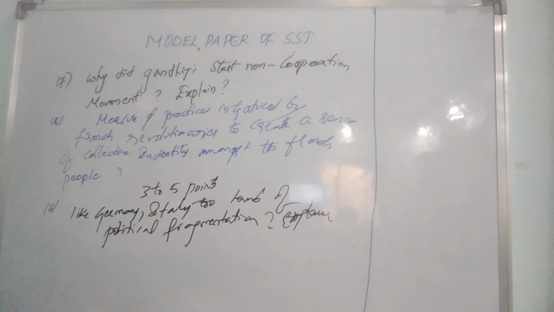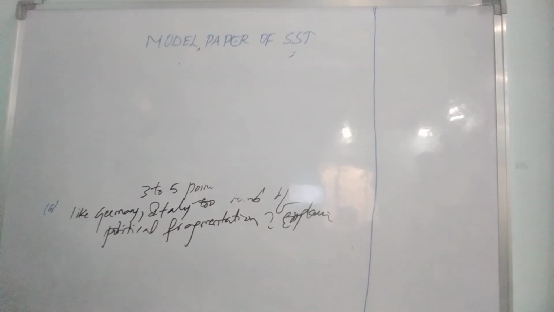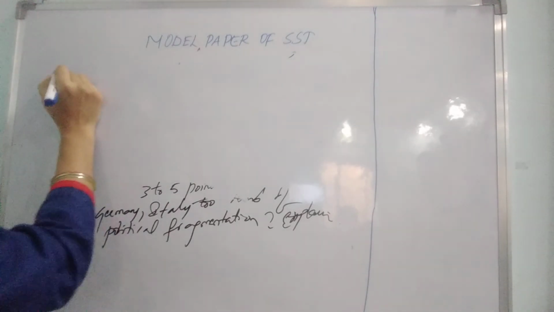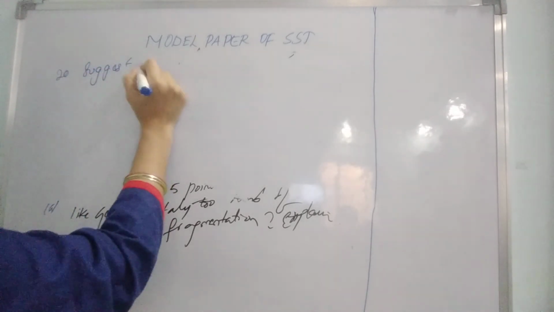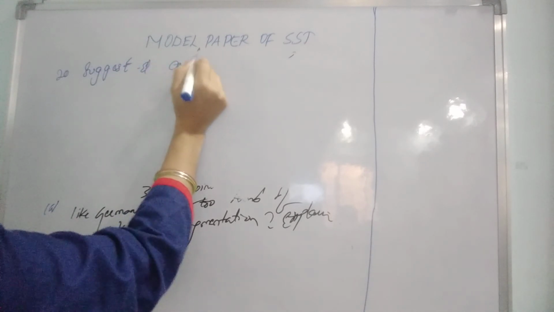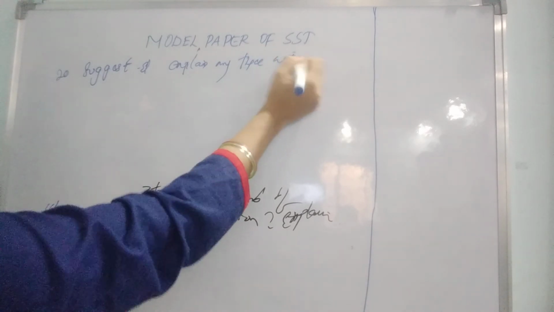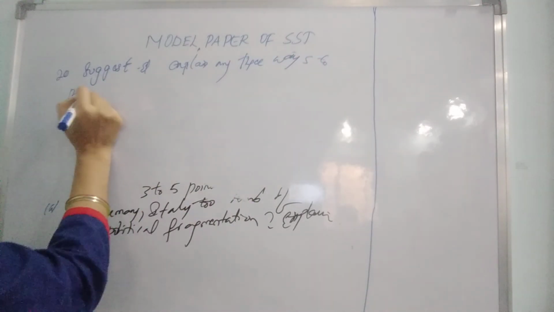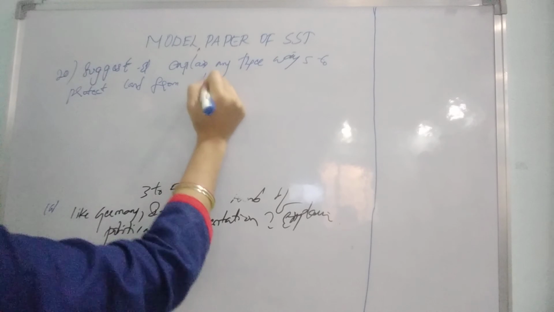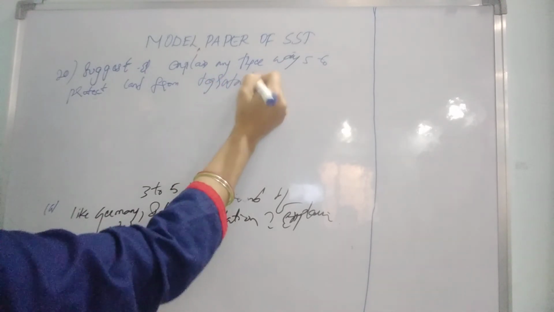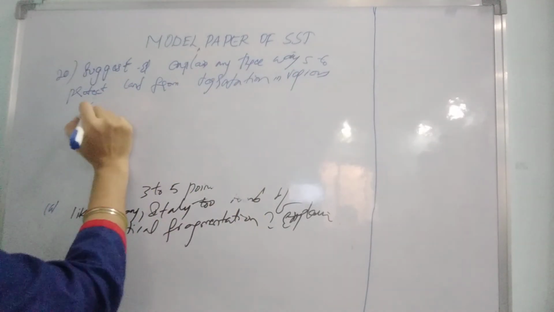And our next question is: suggest and explain any 3 ways to protect land degradation in various states of India.